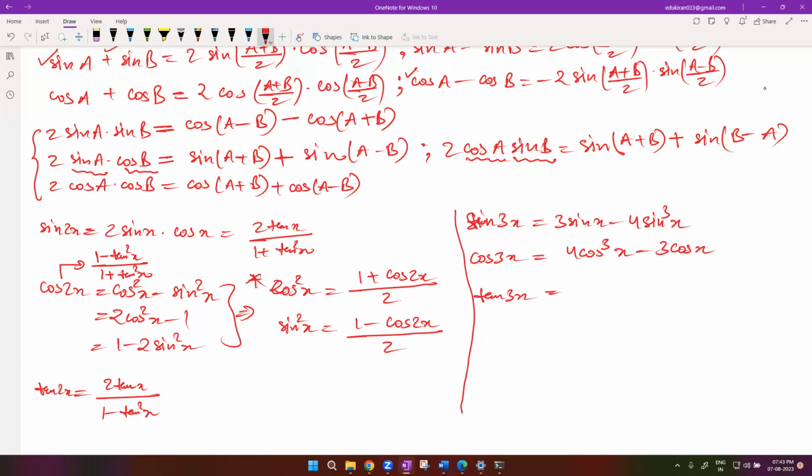And tan 3x is 3 tan x minus tan cube x divided by 1 minus 3 tan square x. You must remember these; cos 2x will be highly used. Write all the formulae on a center page and always keep them with you, so that you can refer to them and solve the given question.